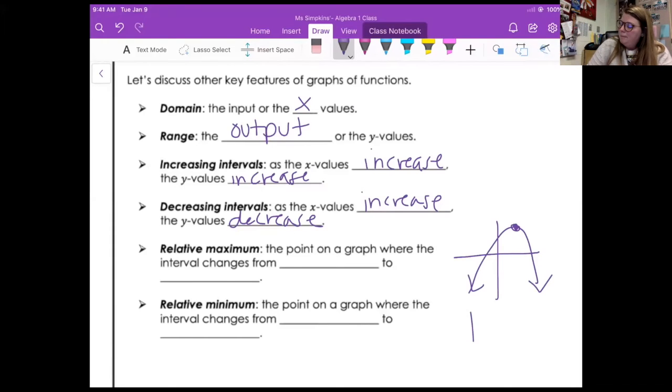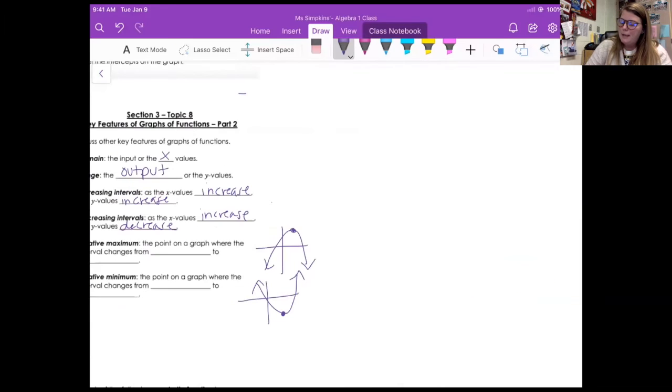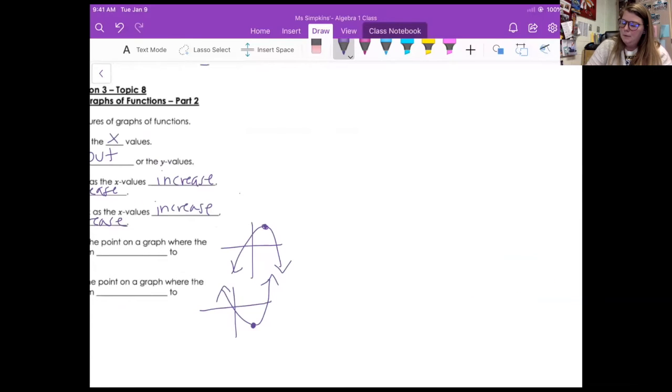So minimum is like a valley. The bottom point of the graph would be the minimum. They don't have to have a maximum or minimum. They could have both. Let me show you a picture of what it would look like if there was both a maximum and a minimum. This would be a maximum, and this would be a minimum.